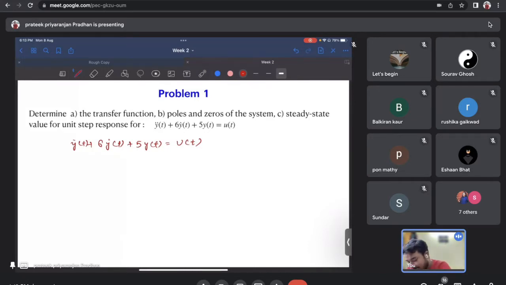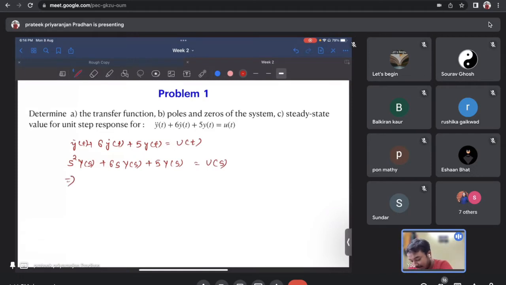Okay, so let's take the Laplace transform of both sides. Another important thing is that the initial conditions should be 0. So the Laplace transform will be s square y of s plus 6s y of s plus 5 y of s is equal to u of s.